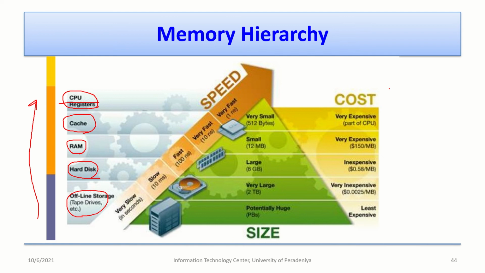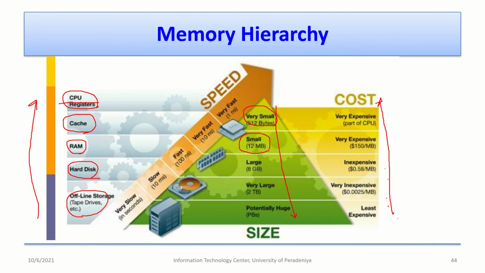When you come to the cost property, right? This is very expensive than the lower level storages, right? And then when you compare the size, the size increases downwards. That is, the storage at the topmost of this triangle is very small compared to the bottom layers, right?